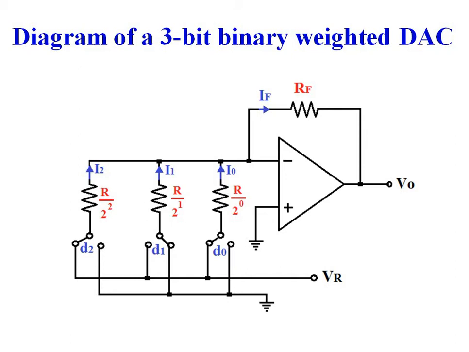So for simplicity, let us consider the diagram of a 3-bit binary weighted resistor digital to analog converter. This is the diagram of a 3-bit binary weighted resistor network digital to analog converter. The three inputs are D0, D1 and D2, which connect reference voltage or ground to the inputs of the resistance network.